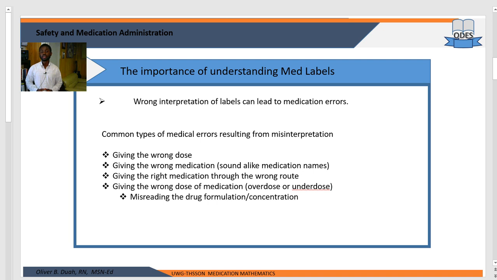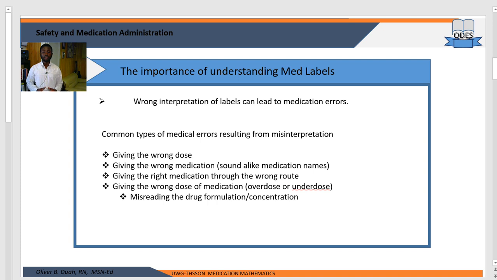Common types of medical errors resulting from misinterpretation of labels include the following: giving the wrong dose, giving the wrong medication. For example, there are some medications that sound alike. We have an example of Percodan and Percocet. If you don't read these labels carefully, you might give one medication in place of the other.